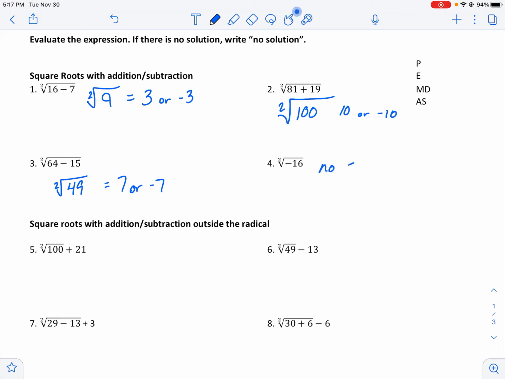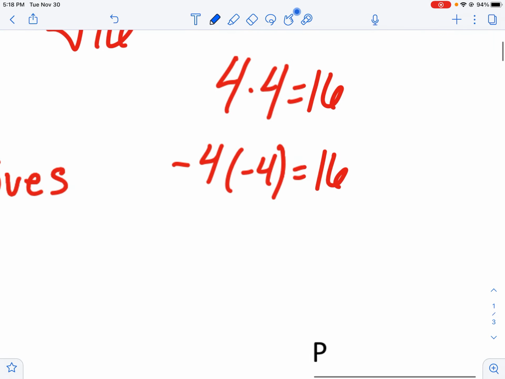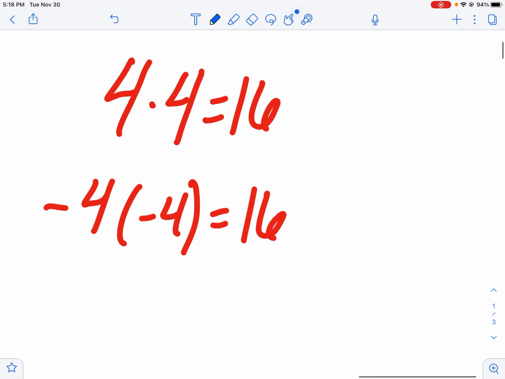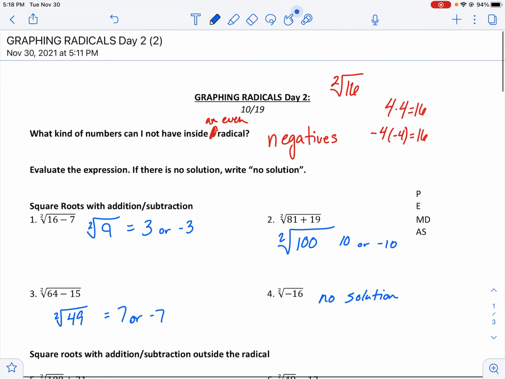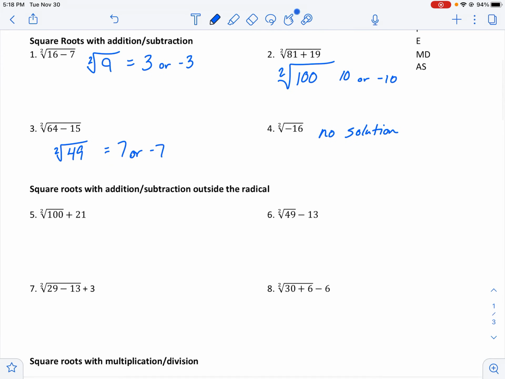There is no solution, because I cannot square any number and get a negative. Like we talked about earlier, square a positive number, get a positive. Square a negative number, also get a positive. So there's no way to take the square root of a negative number. That would be no solution.